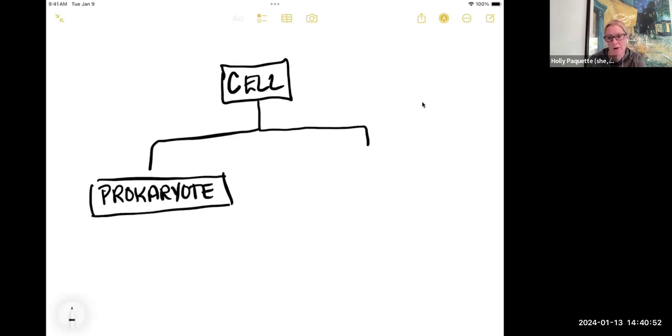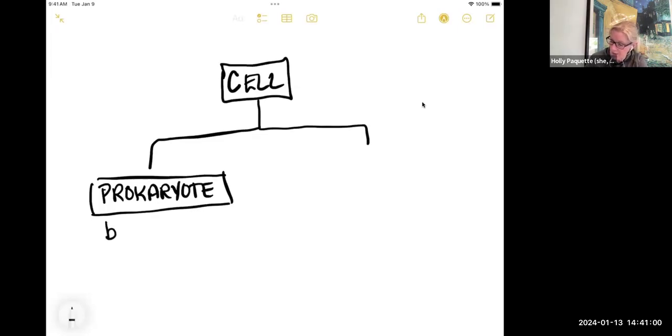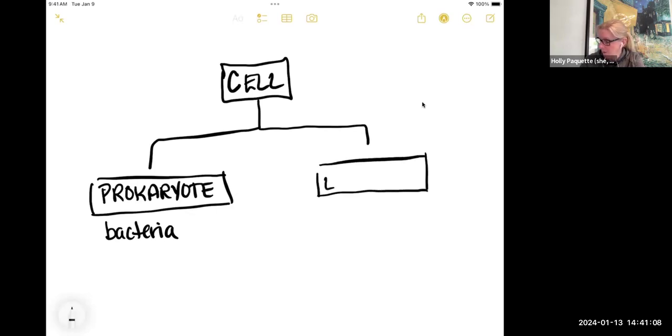We have our prokaryotic cells, and these are ones that don't have nuclei, and we'll be discussing that in a minute. And this would include bacteria. So when we're talking about bacteria, they would kind of fall in this category. On the other side of this, we have a grouping that we call eukaryotes. And these then are organisms that their cells do have nuclei.